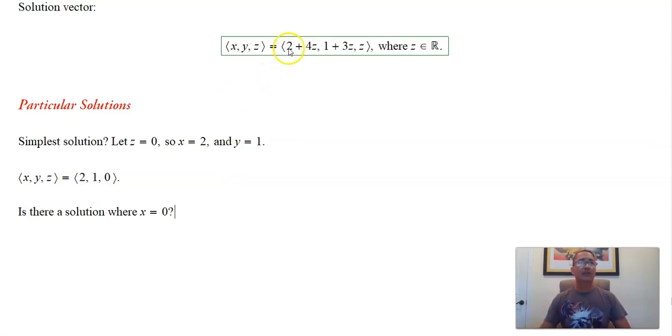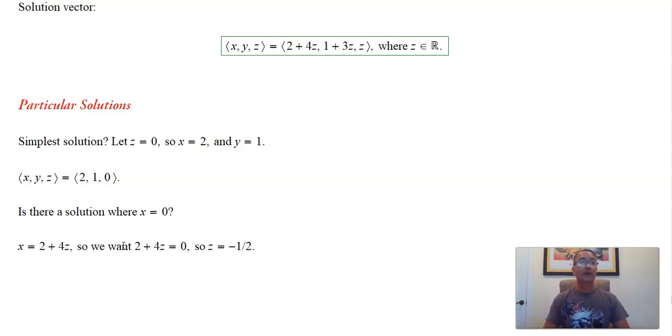Okay, well, this is our expression for x. x is 2 plus 4z, and we can easily set that to 0. So we want 2 plus 4z equal to 0. And from this, of course, z has to be negative 1/2. So we get a fraction.